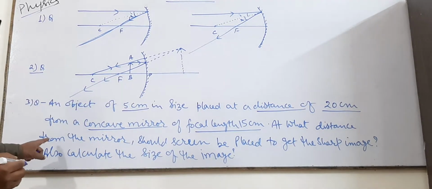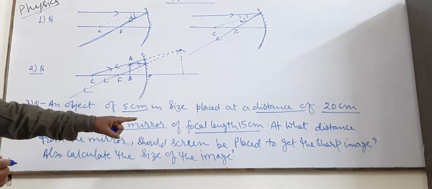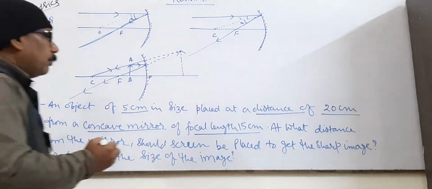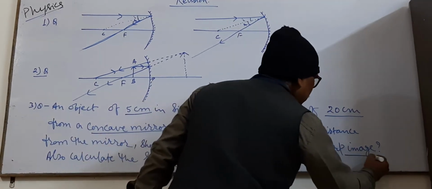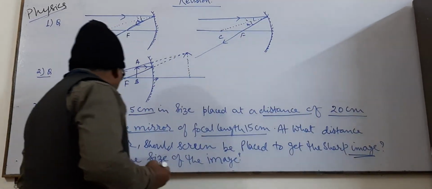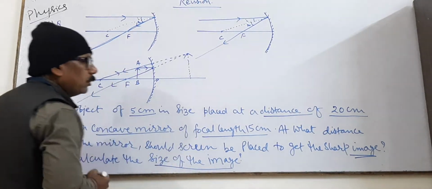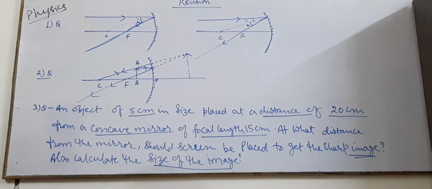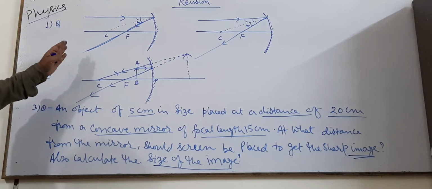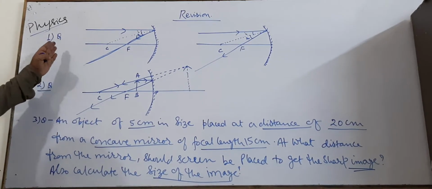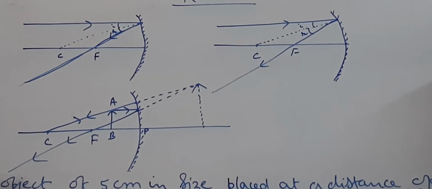At what distance from the mirror should the screen be placed to get a sharp image? Means you have to find the image distance. And also you have to find the size of the image. So first I am focusing on the diagrammatic questions, then we will discuss these questions.